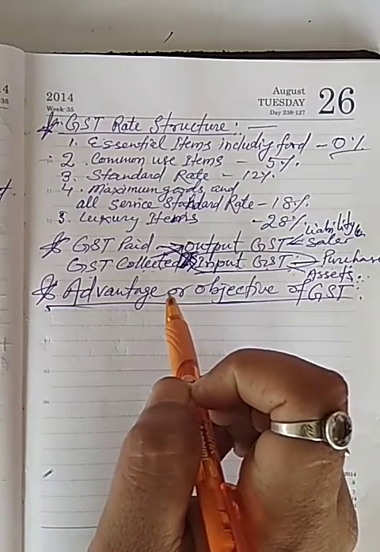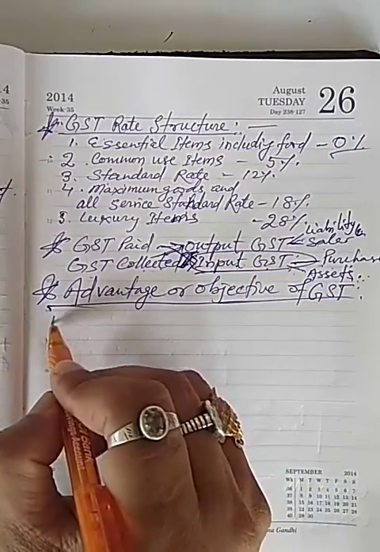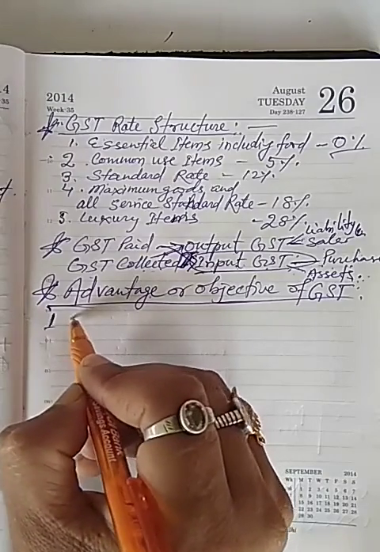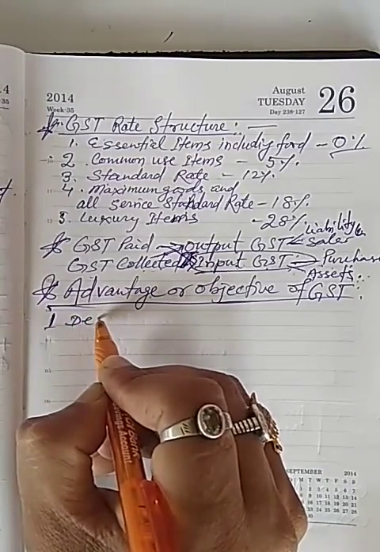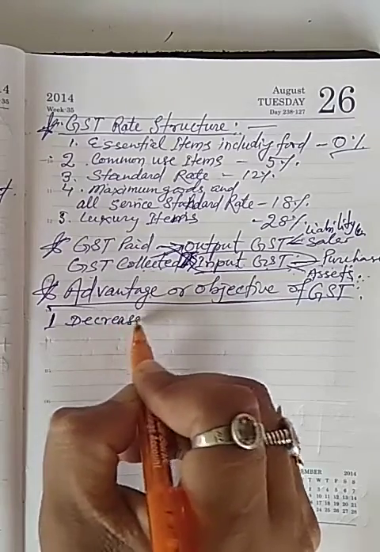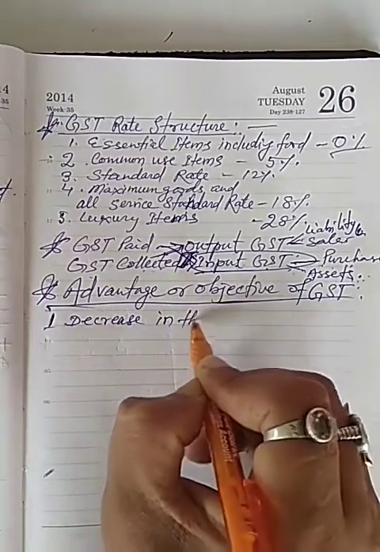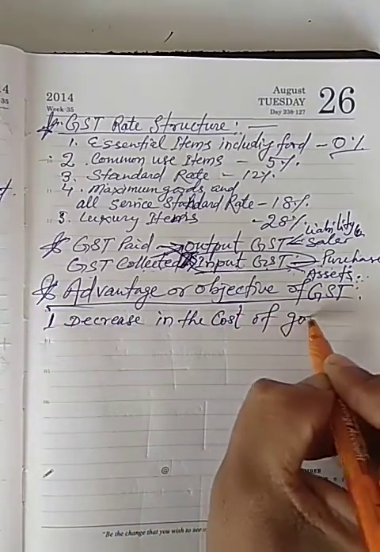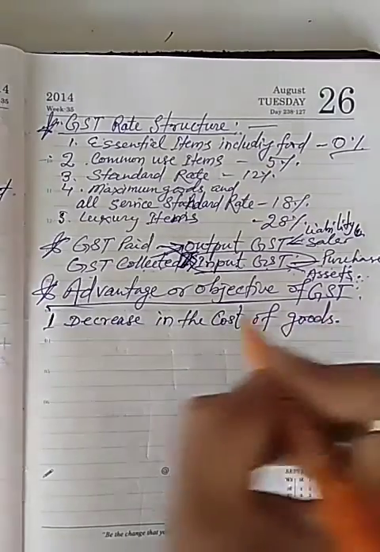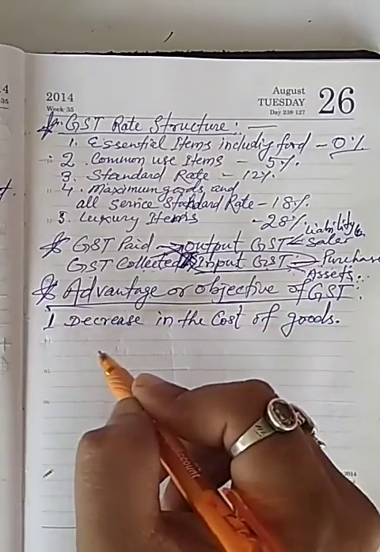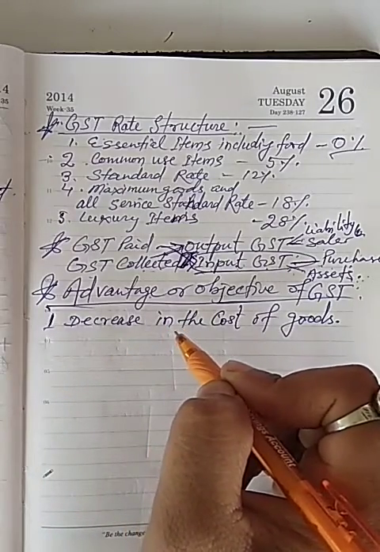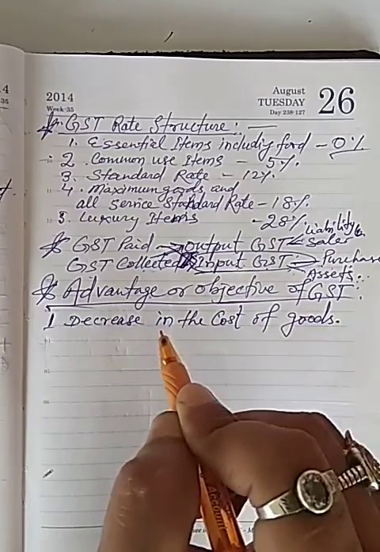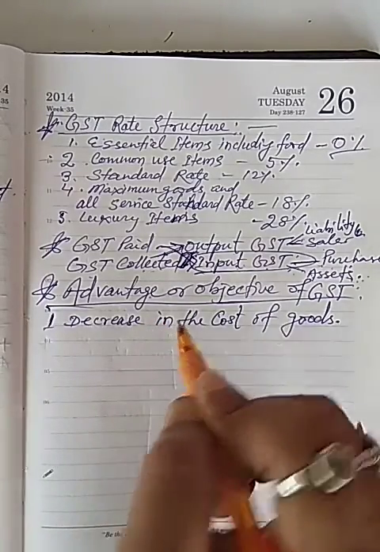So we can say the first advantage is decrease in the cost of goods, because now only one tax is charged. Only one goods, only one tax.